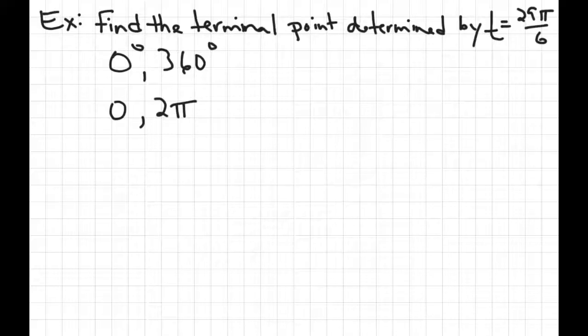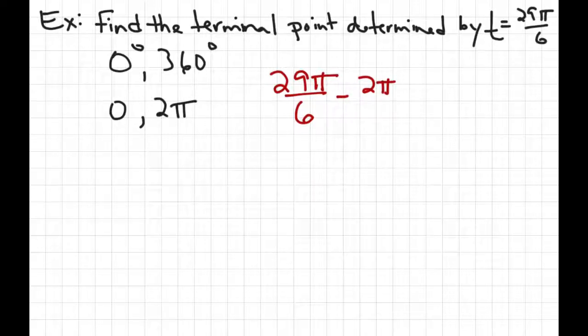Well, 29 pi over 6 is bigger than 2 pi, because 2 pi is the same as 12 pi over 6. So if that's bigger, then the easiest way to approach this problem is to start by subtracting a circle and see if I can get myself between 0 and 2 pi.